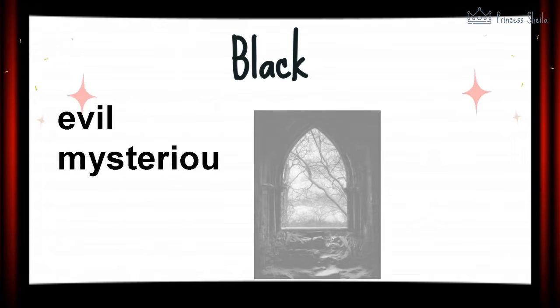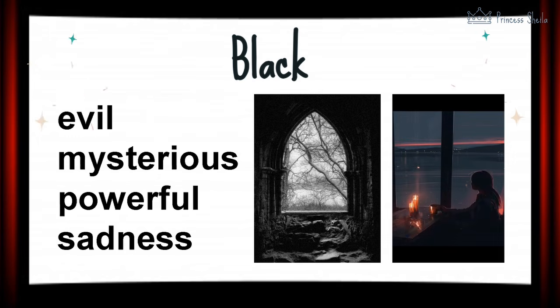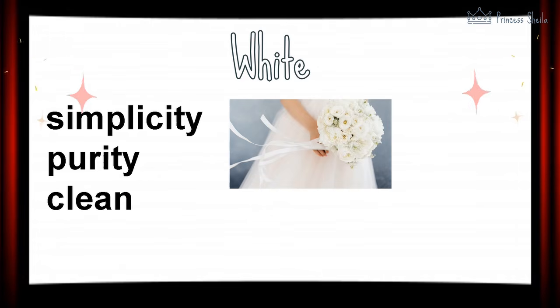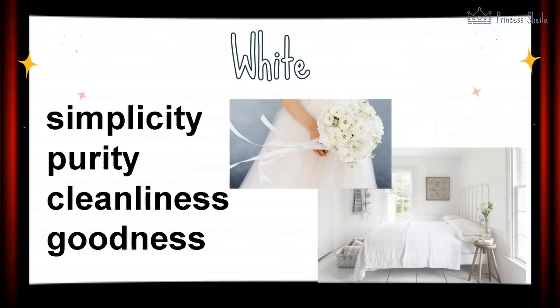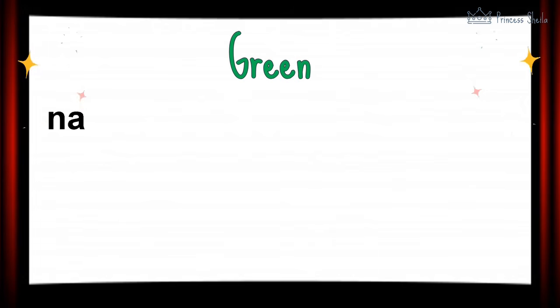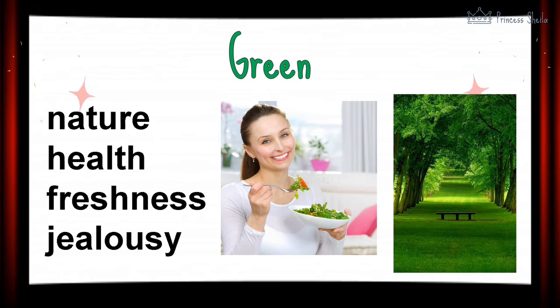Black represents evil, mysterious, powerful, and sadness. White represents simplicity, purity, cleanliness, and goodness. Green represents nature, health, freshness, and jealousy.